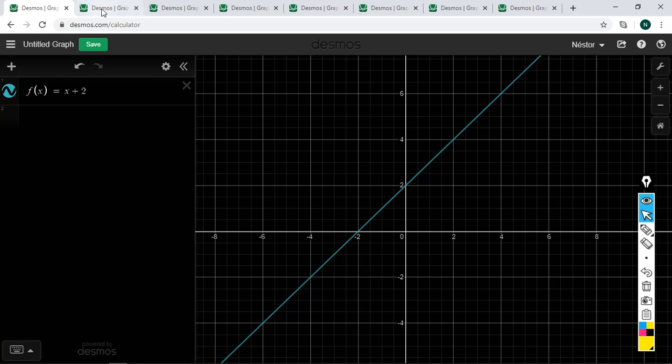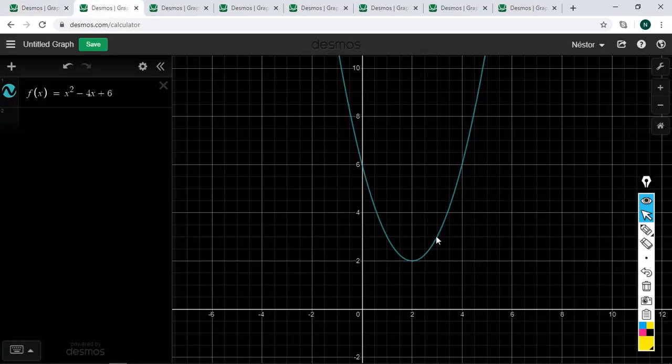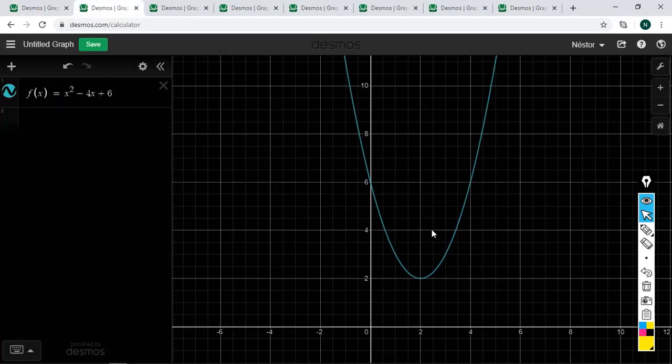Next, another function: f of x equals x squared minus 4x plus 6. Look at the function. It's coming this way, crossing the y-axis at this point. Let me label it. It's coming down, it reaches a bottom, and then it goes up and up until infinity.